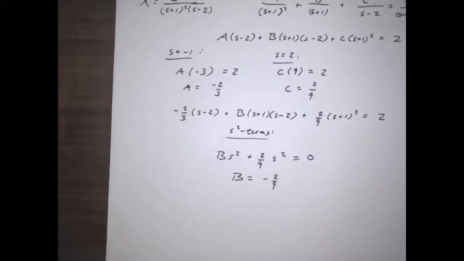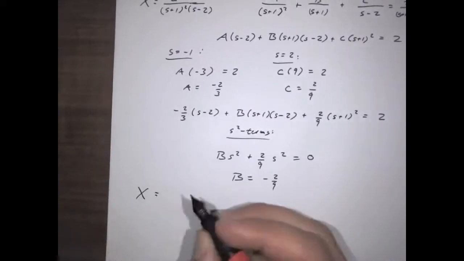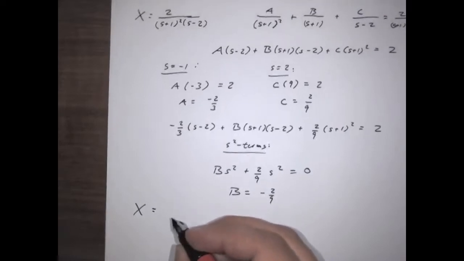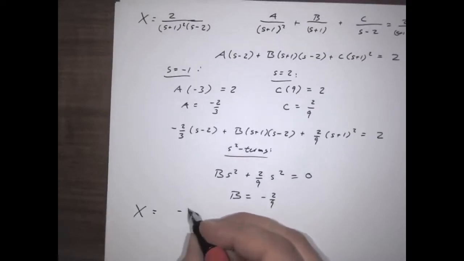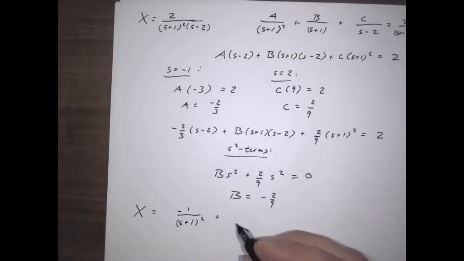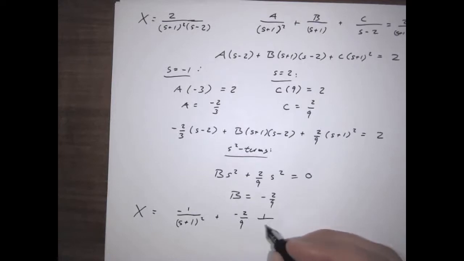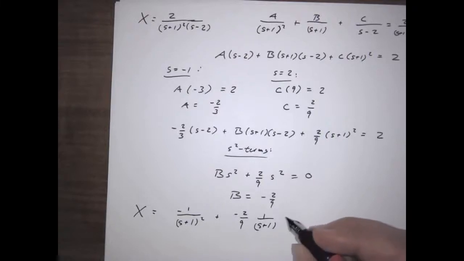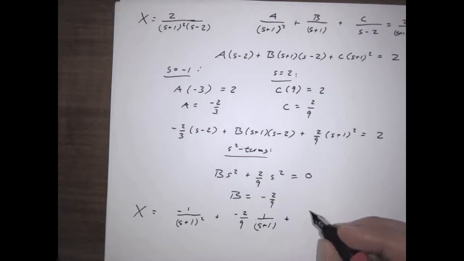And so then finally we have capital X is equal to negative 1 over s plus 1 squared plus negative 2 ninths times 1 over s plus 1 plus, then C was positive 2 ninths times 1 over s minus 2.